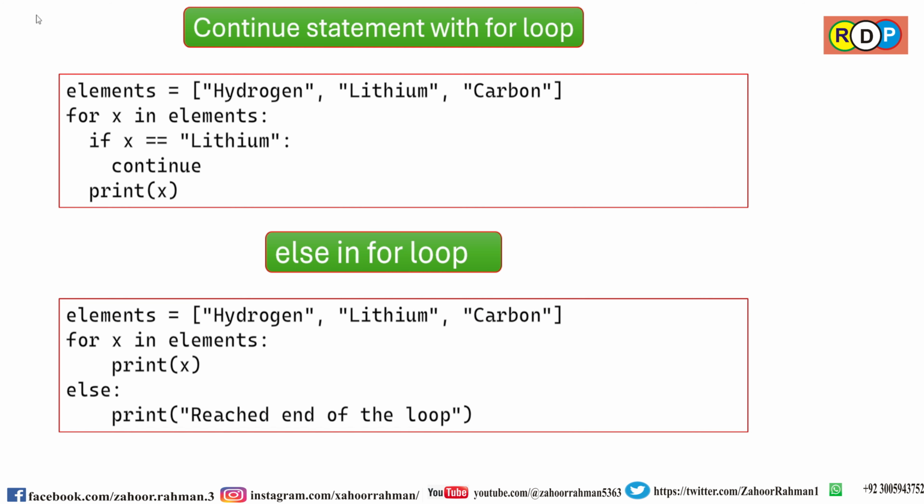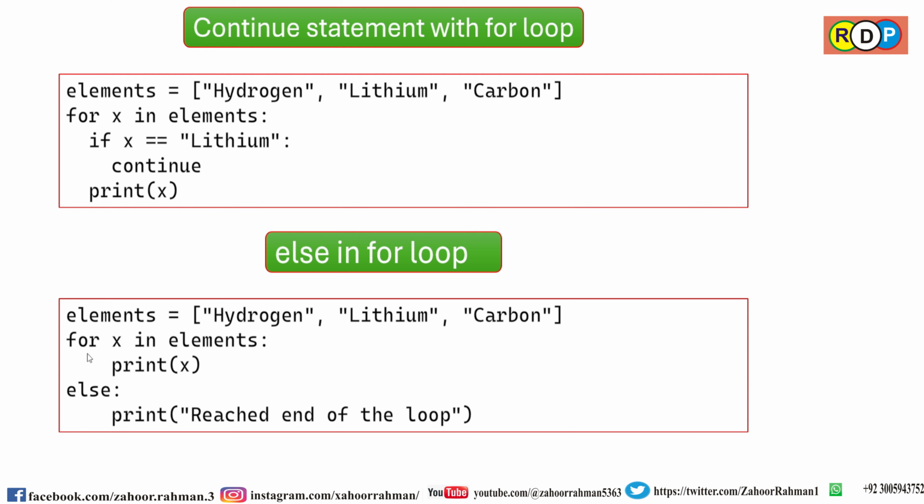First, x will have the first value, hydrogen, and it will print hydrogen. Then the second, and it will print. Then the third value, carbon, and it will print. But the fourth value is not there, so it will go to the else, and it will print reach end of the loop, the else.